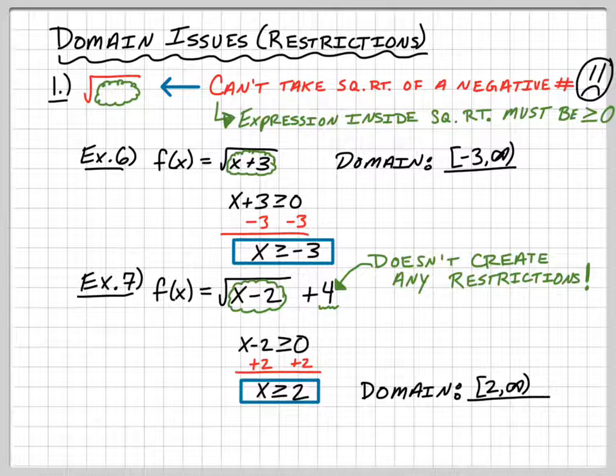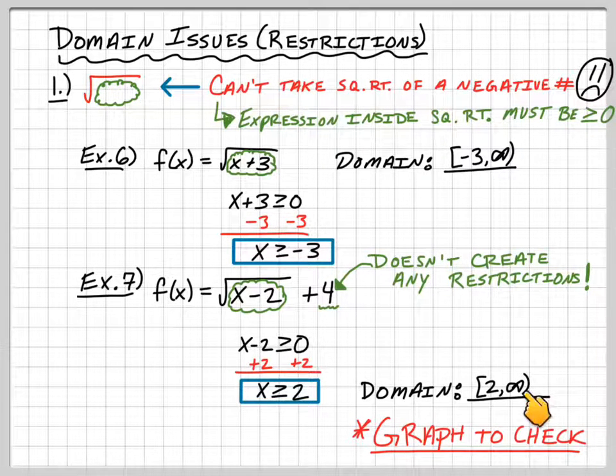To get further confirmation on our answer, if you've got your calculator handy, you can always graph to check these and make sure the graph agrees with your algebraic result here. But this one I think we can graph pretty easily just by analyzing a little bit. If you have a minus 2 inside the function with the x, that's what shifts it right 2. And then a plus 4 out here by itself shifts the graph up 4.